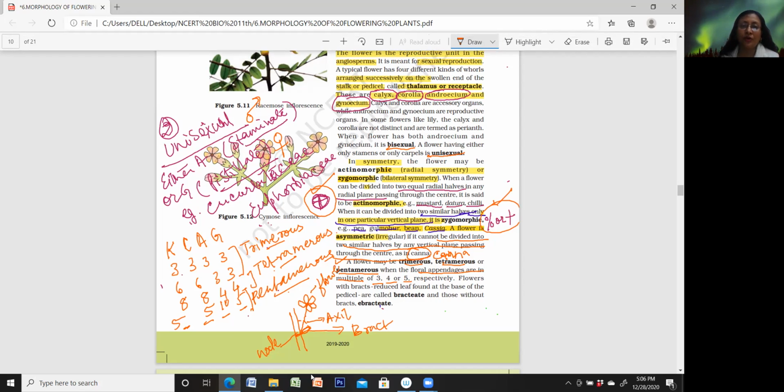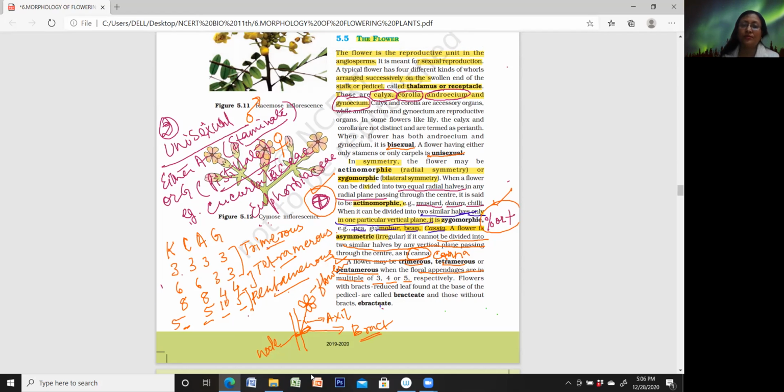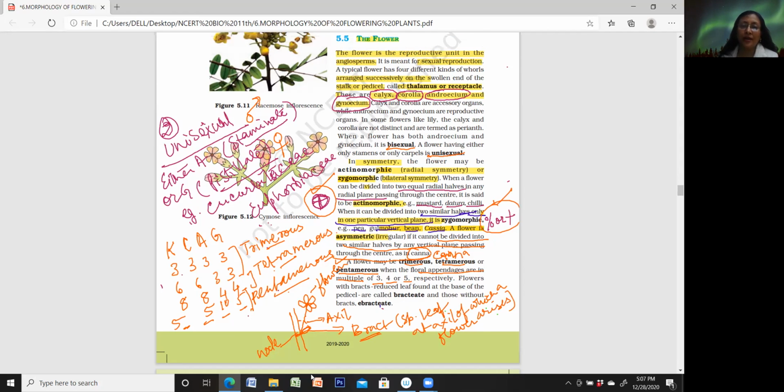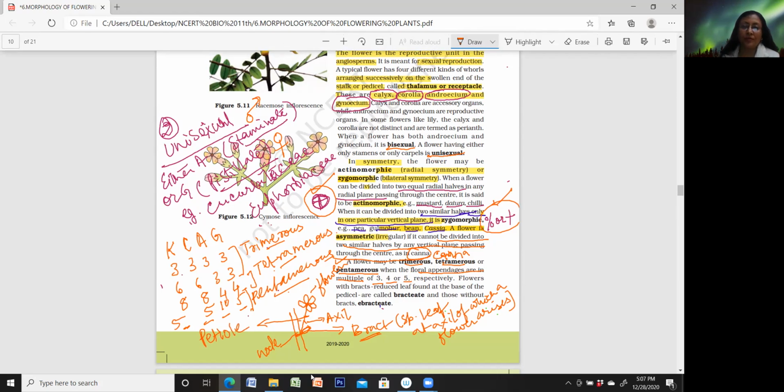If this flower were not here, I would not call this leaf a bract. So it is a specialized leaf at the axil of which a flower arises. This is how a bract is defined. And this stalk of the flower is called the pedicel.